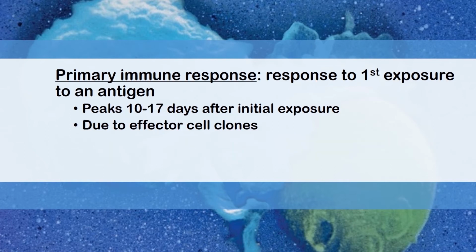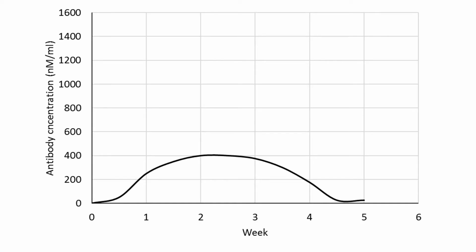We can refer to this first event as the primary immune response. The primary immune response occurs in response to the first exposure to any antigen. It usually peaks in about 10 to 17 days after the initial exposure. This is going to be due to the production of those effector cell clones. But it may take a while to get started.